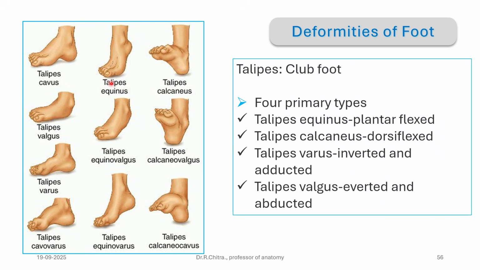Another interesting deformity is club foot. So walking on the toes like a horse, that is equinus. Walking on the calcaneus, that is Talipes calcaneus. Talipes varus. So this is varus, inverted and adducted, valgus everted and abducted. Combinations may occur. Talipes equinovarus is the commonest combination of the foot deformities.